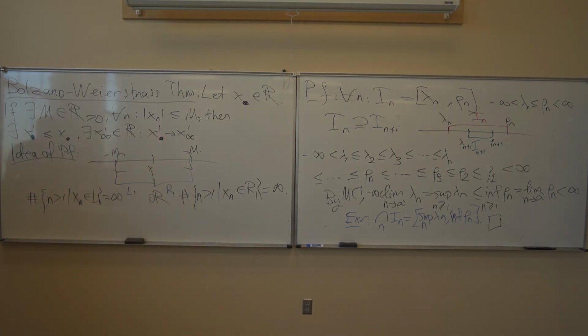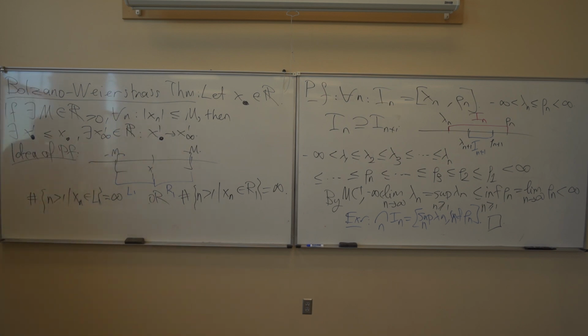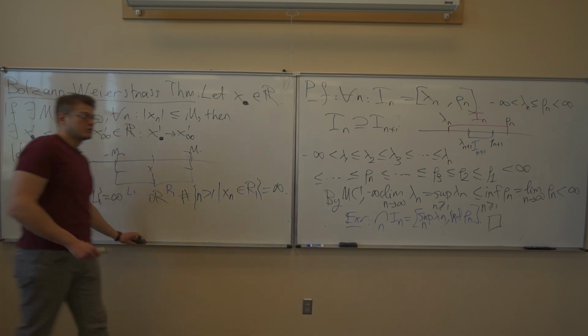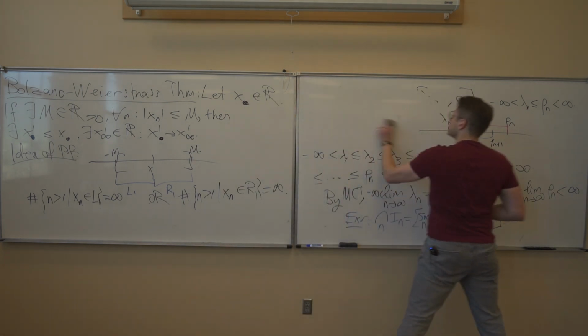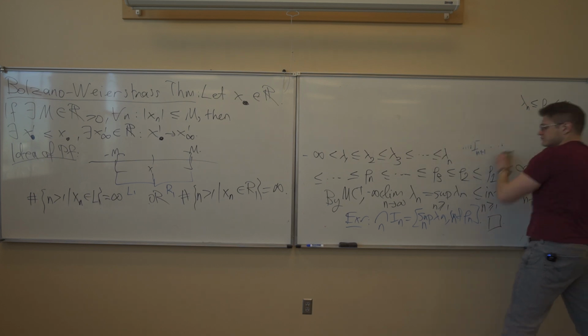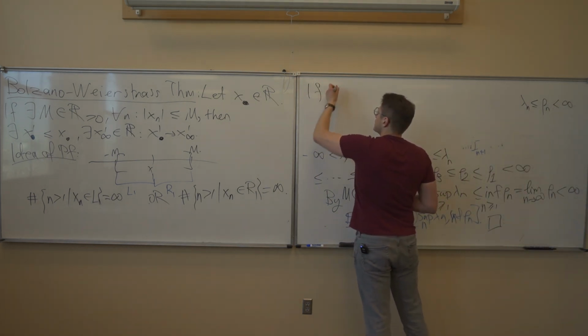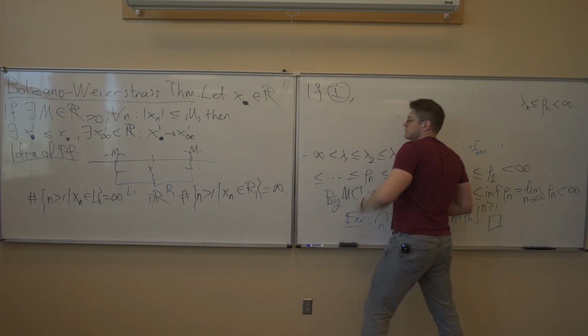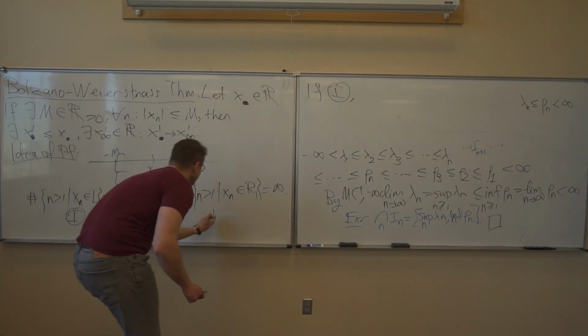I'm going to choose either the left or the right one according to that. So let's say that, running out of time, so I'm just going to fast forward. If 1, so this is option 1, this is option 2.